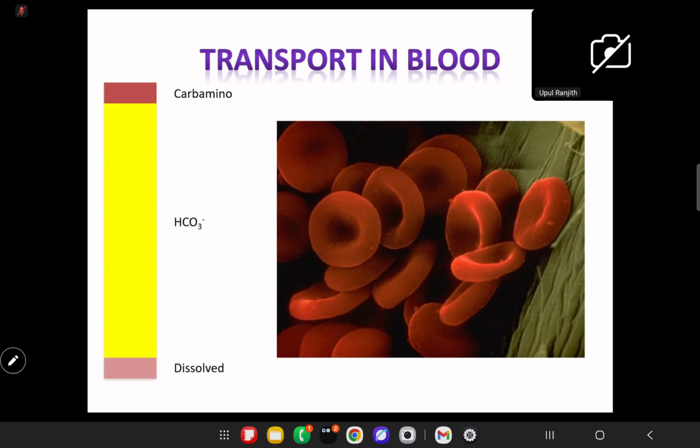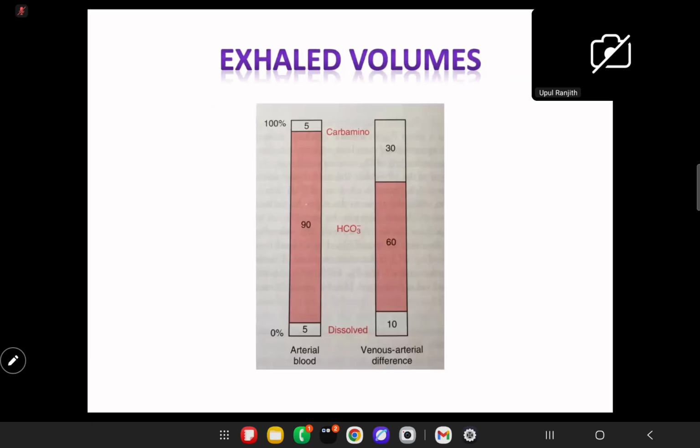This bar chart shows it: on the left is arterial blood, like the previous diagram, 90% as bicarbonate, 5% as dissolved form, and 5% as carbamino compound. But if you take the other side, that is the venous-arterial difference.